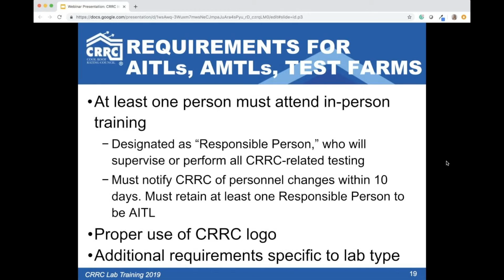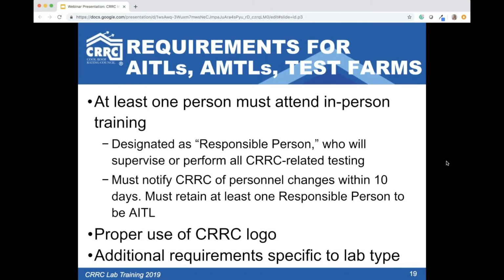Just a few more requirements to go over. The first is that at least one person has to attend an in-person lab training, and that person is designated as the responsible person. So they're the one who's going to supervise or perform all of the testing that is for a CRRC product rating, or even for research studies and things like that.